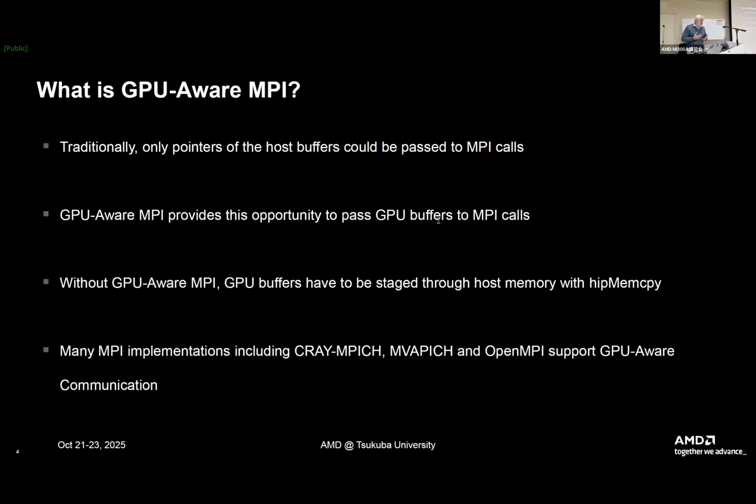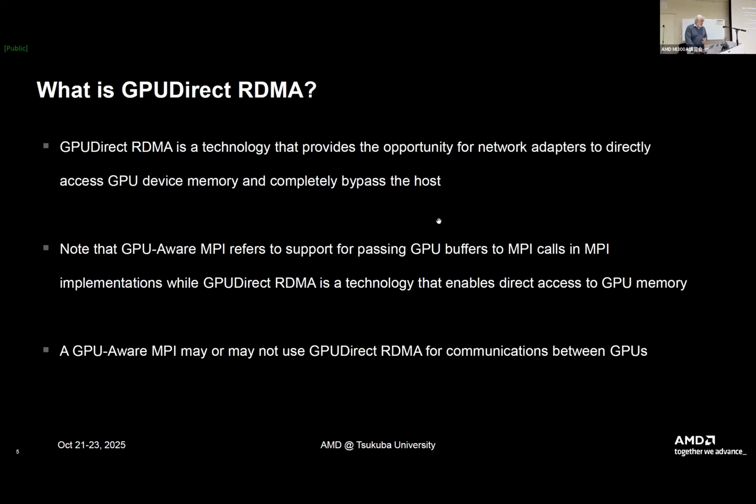There are MPICH versions that are GPU-aware, and on this system, you have access to OpenMPI with GPU-aware. You can also have RDMA, which is a special technology in the adapters to access that GPU memory and bypass the host.